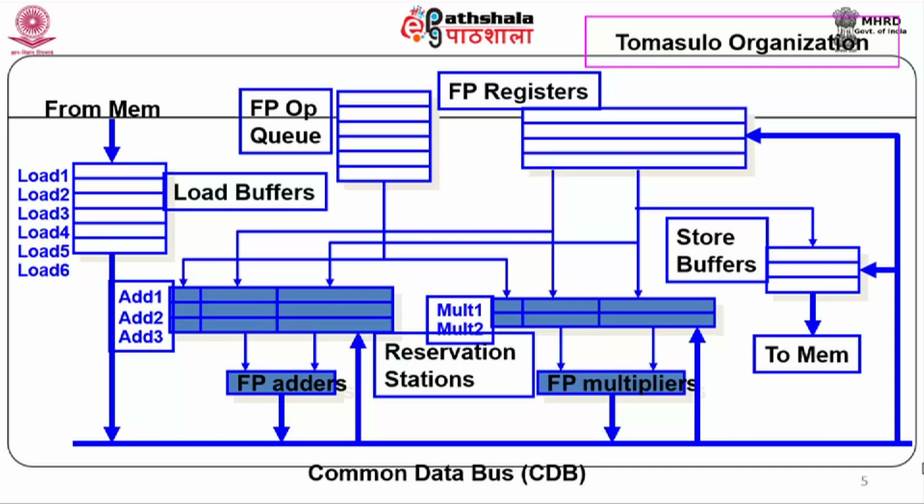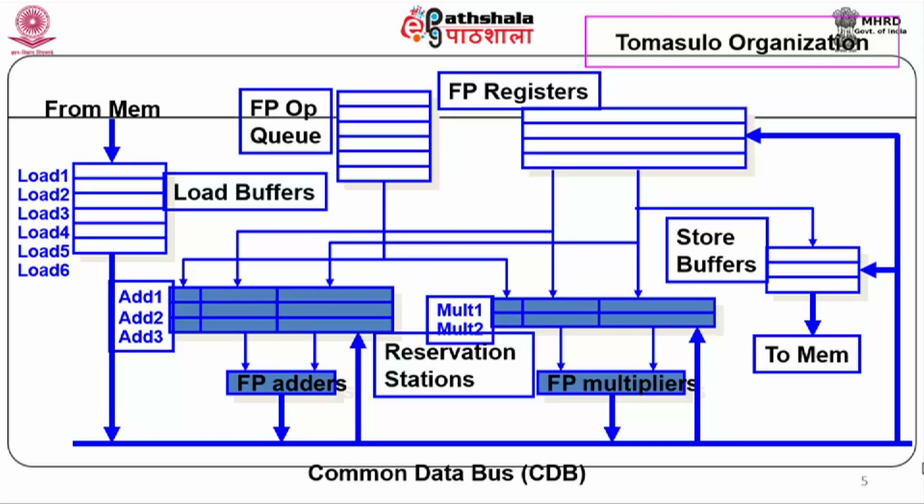You can see the reservation station entries are given along with the functional units. The floating point adder units have a set of 3 reservation stations, indicated as add 1, add 2, add 3. The floating point multiplier and divider units have 2 reservation station entries, mult 1 and mult 2. You have a set of load reservation station entries, which are called the load buffers.